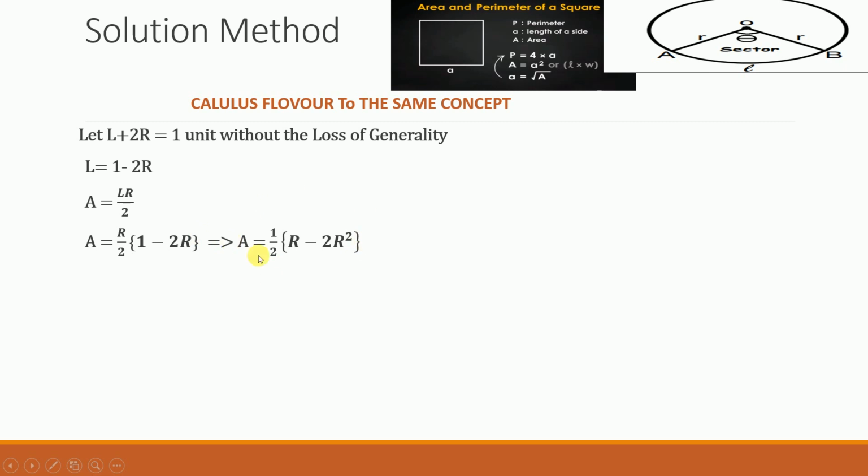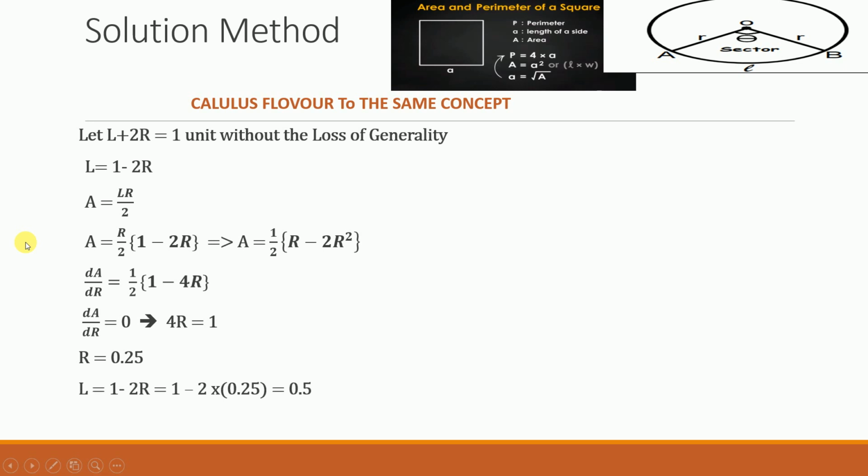Now, we shall see when does the area becomes maximum. For that we use the maxima minima concept. We shall differentiate A with respect to R, which gives half into 1 minus 4R. So for maximum area, the derivative of A with respect to R vanishes. That becomes 4R is equal to 1, R is equal to 1 by 4 means 0.25 and L is 0.5.